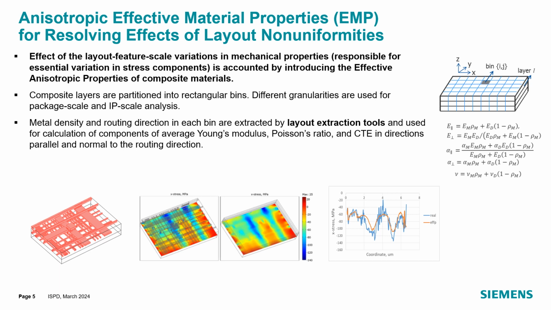Following the theory of anisotropic composite material, the methodology considers that each interconnect layer consists of parallel metal fibers embedded in an insulator matrix. So for each layer and each square bin, the tool obtains anisotropic effective properties.